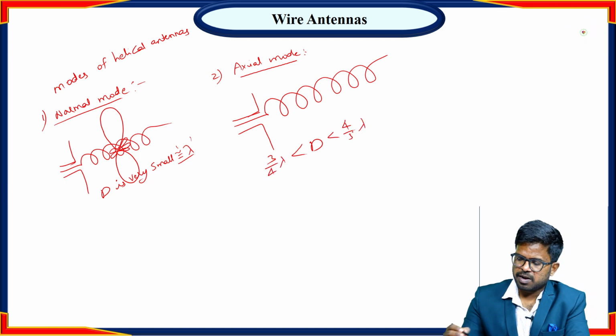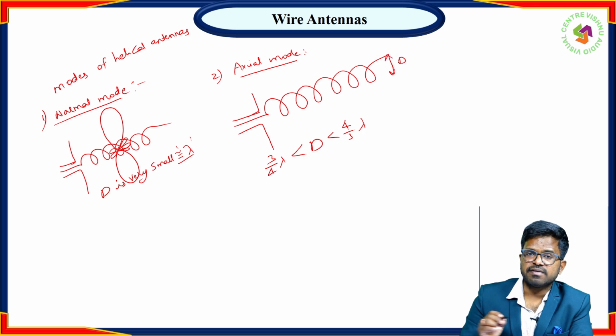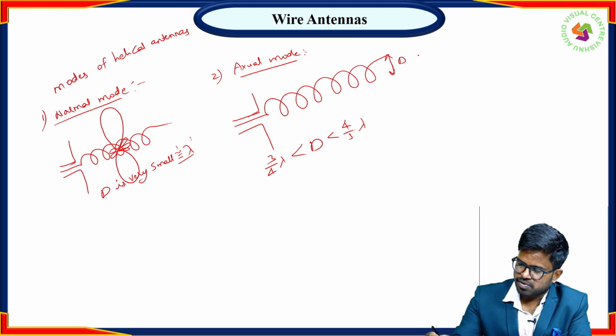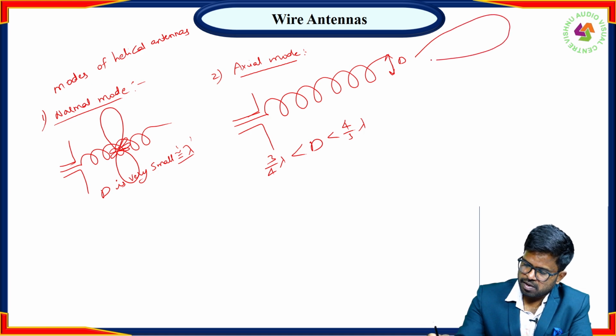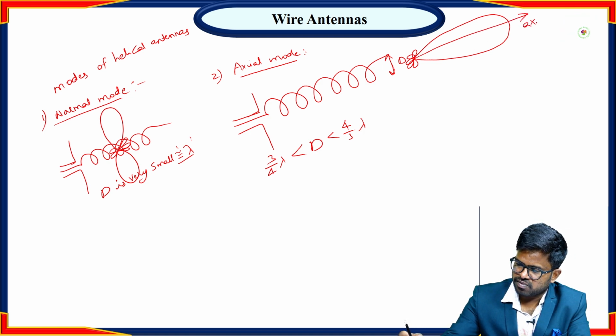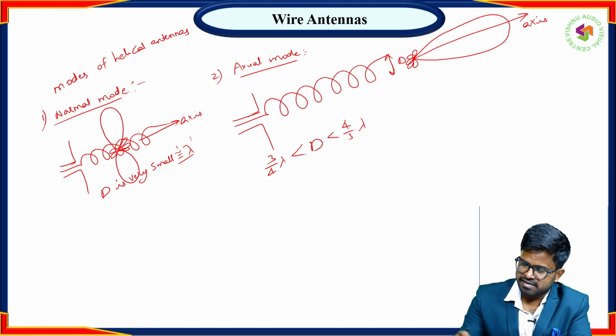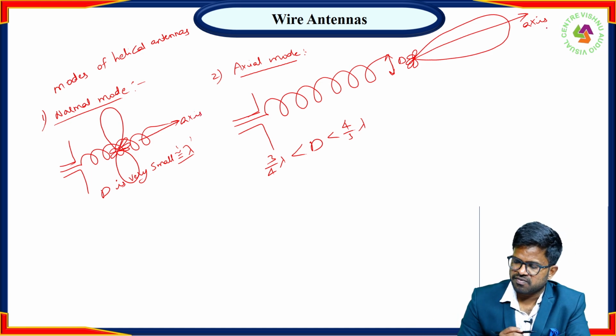In this case, this antenna will produce an axial pattern, an end-fire pattern. Okay, it can produce radiation in the axis of the helical antenna. Coming to the normal mode, it will produce radiation normal to the axis. But in the axial mode, it will produce in the direction of the axis.